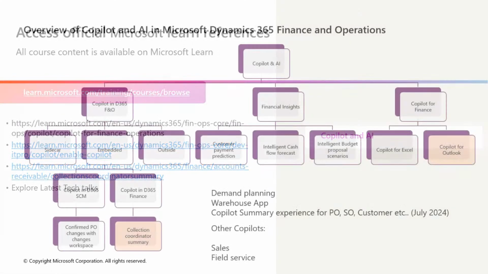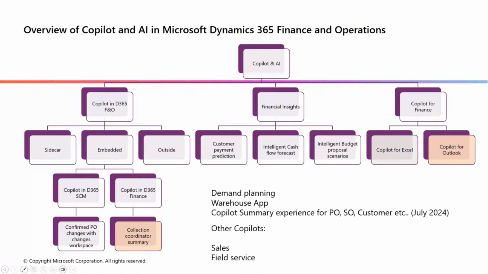Okay, so let's start with this. The first thing which I want to talk about before we jump to the collection coordinator workspace feature is what are the capabilities which we have in Dynamics 365 for Copilot and AI. And I'm calling out both Copilot and AI.